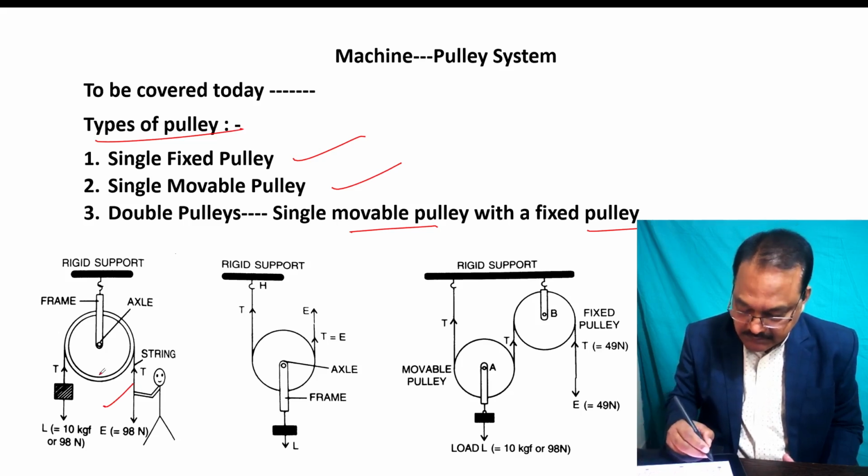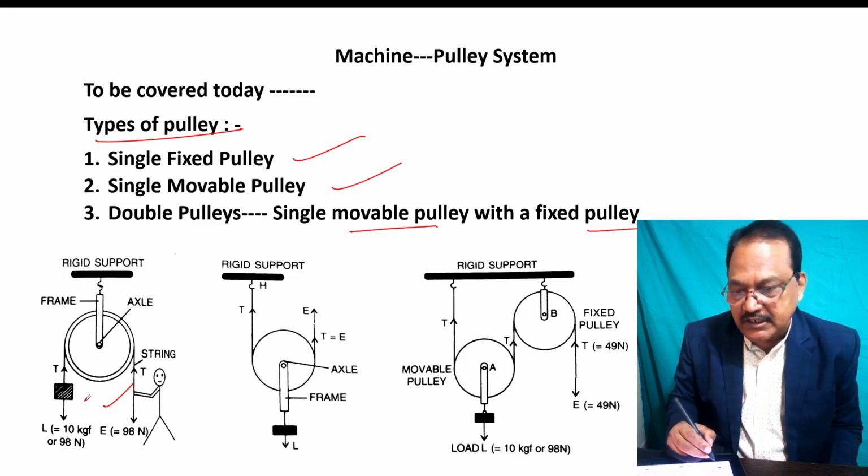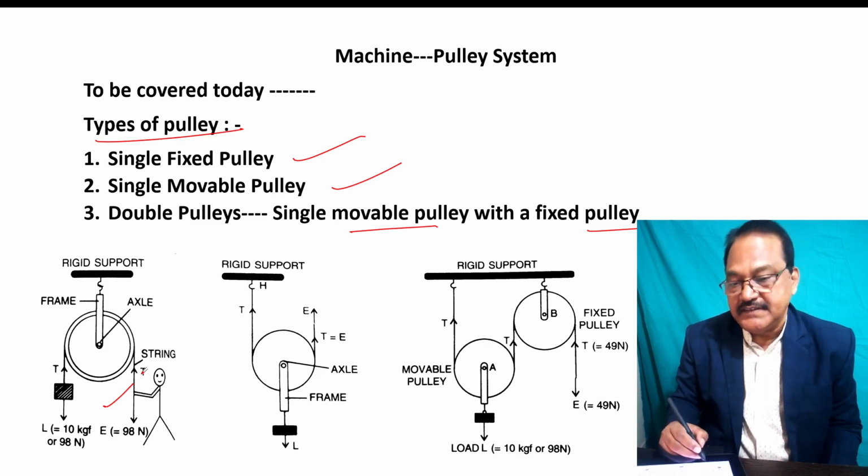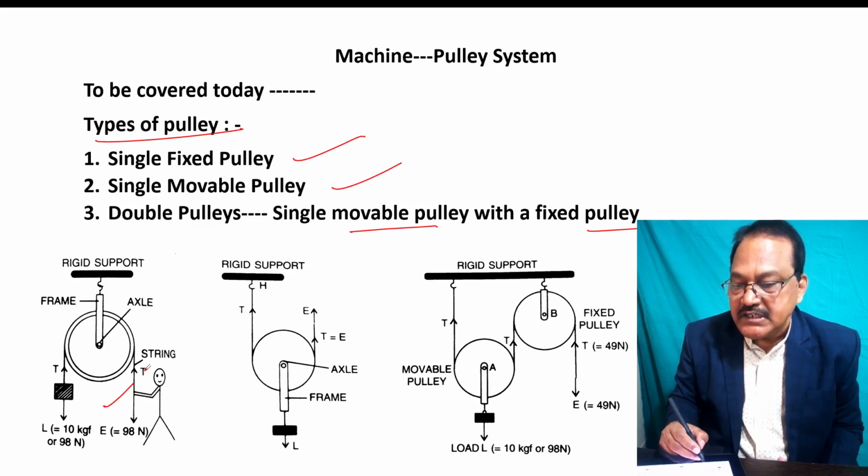You can see in this figure, one end is connected to the load, which is to be lifted or shifted from one place to another place, and the other end is used for applying the effort. In this case, the effort is applied in downward direction and the load is going up, means in upward direction.